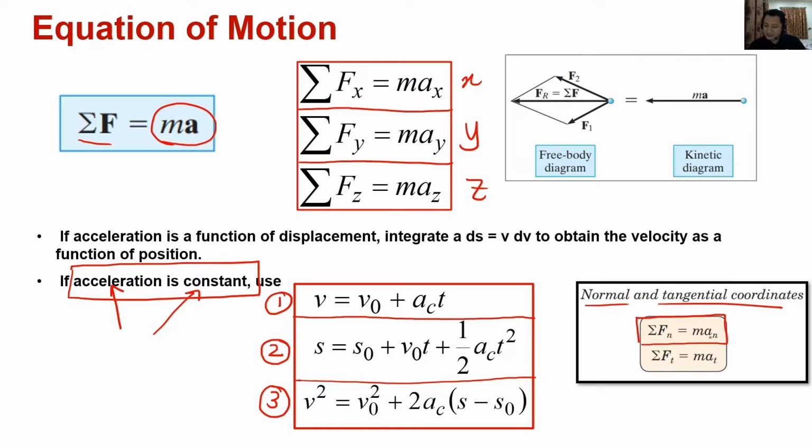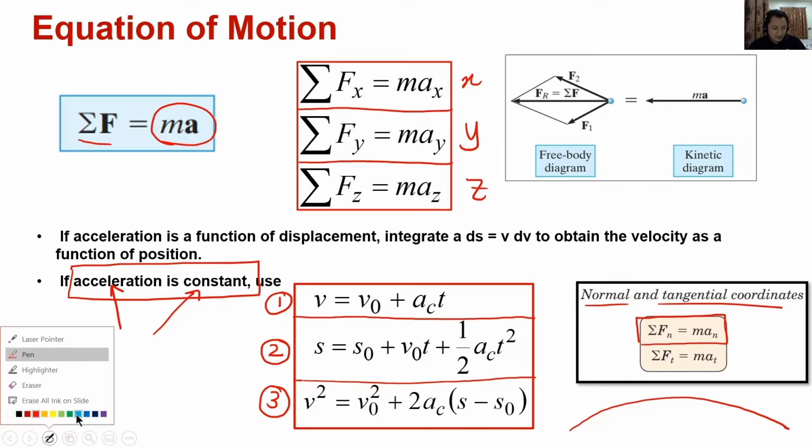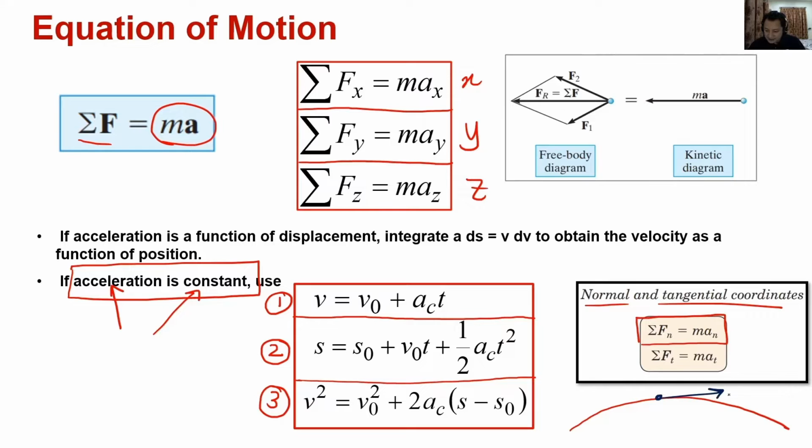And if you have normal or tangential coordinates, you can use this one: summation F normal is equal to m a normal, and summation F tangential is equal to m a tangential. If you still remember, if an object moves along a curved path, we get a few components: number one, a tangential, and number two, a normal.